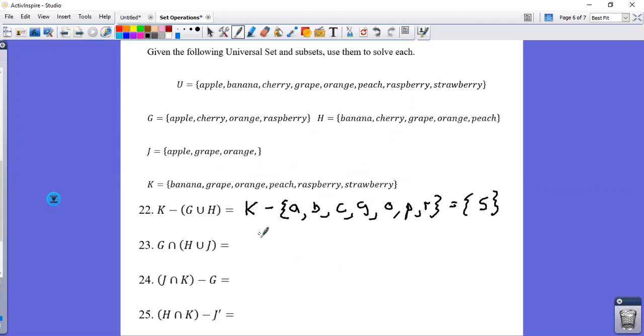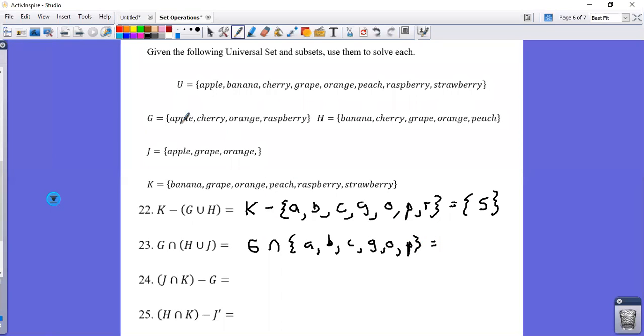So parentheses first, so you're going to do G intersect (H union J). And that's H and J together, which is the apple, the banana, the cherry, grape, orange, and peach.